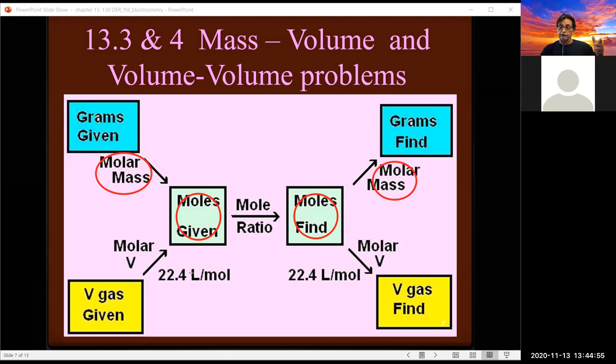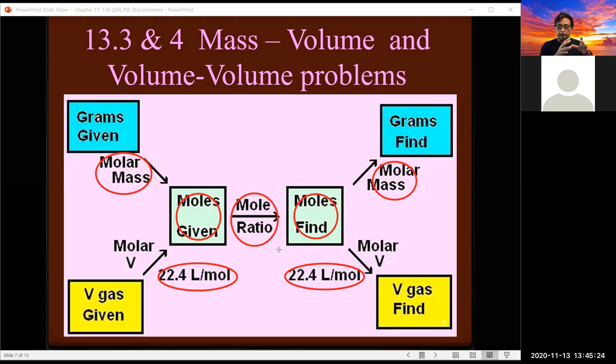And the other relationship, and that was only at STP and only if it's a gas, you know that 1 mole of any gas at STP has a volume of 22.4 liters, okay? Then the other aspect is the mole ratio. That comes from the balanced chemical equation.